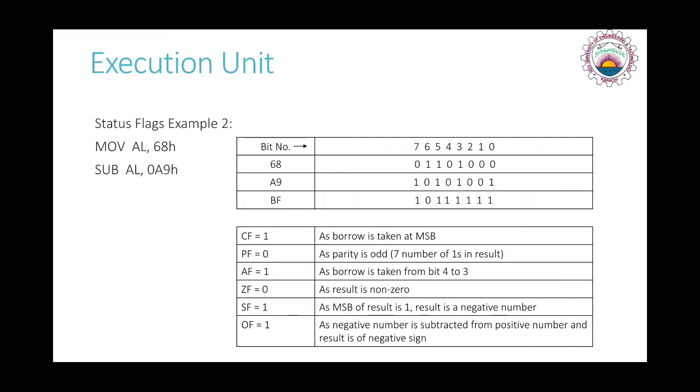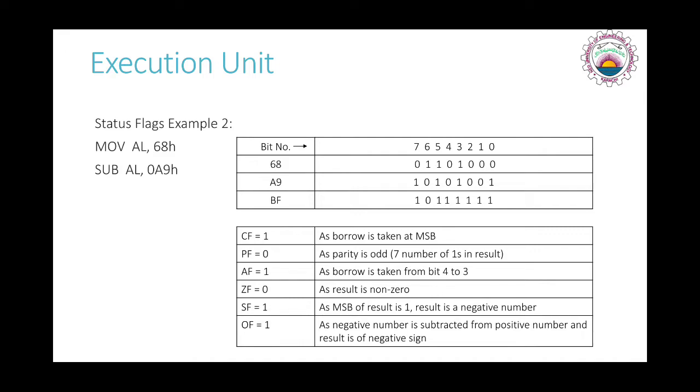So auxiliary carry flag is also 1, and BF is a non-zero result, so zero flag is having logic 0. Sign flag is having 1 as the result is having MSB 1. So a negative result is generated. Sign flag is having 1.